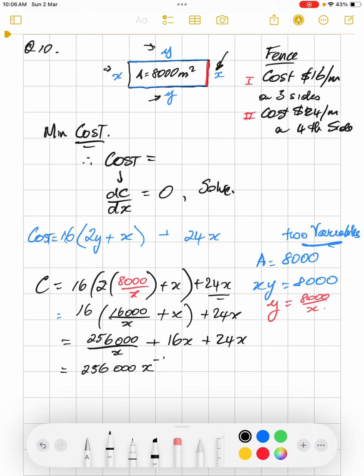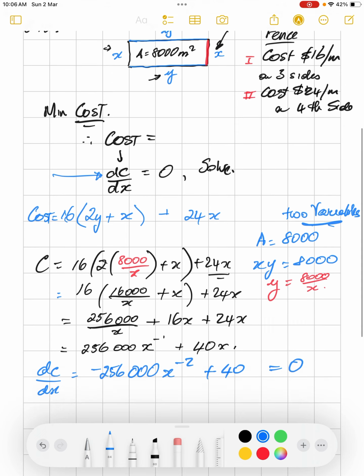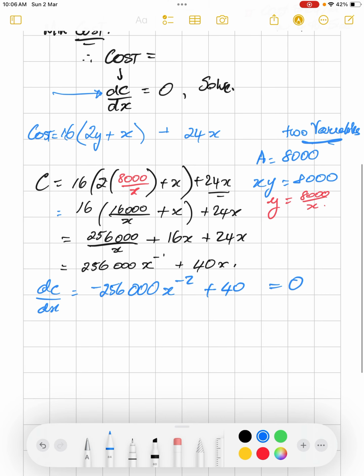Now we can differentiate that. dC/dx equals negative 256,000 x to the negative 2 plus 40. Let that equal 0. I'll take the negative across to be positive, and that x to the negative 2 I'll rewrite as x squared.